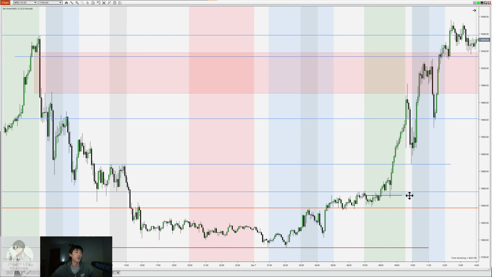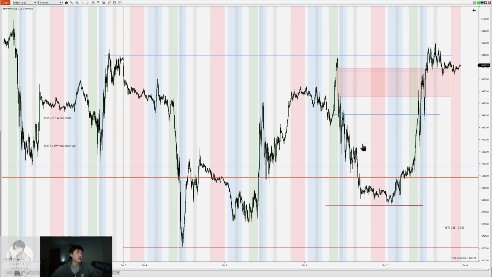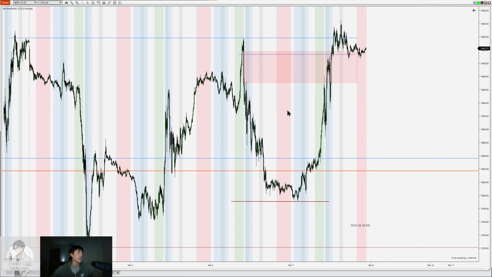So I'm going to go through and remove all of these annotations here that are on the lower time frame for now, so that I can have a clean chart for tomorrow. And these are all on the hourly time frame here, of course.